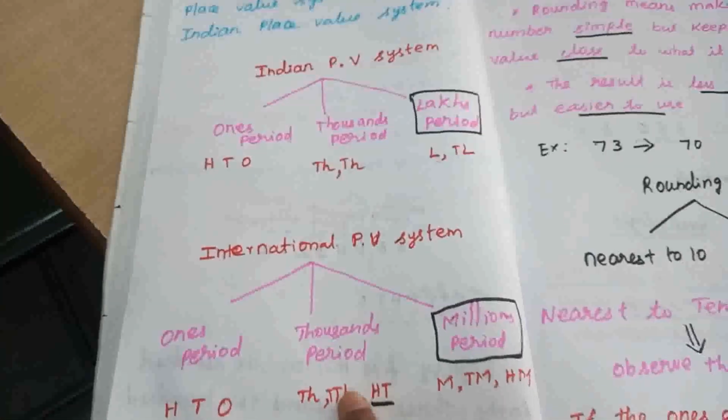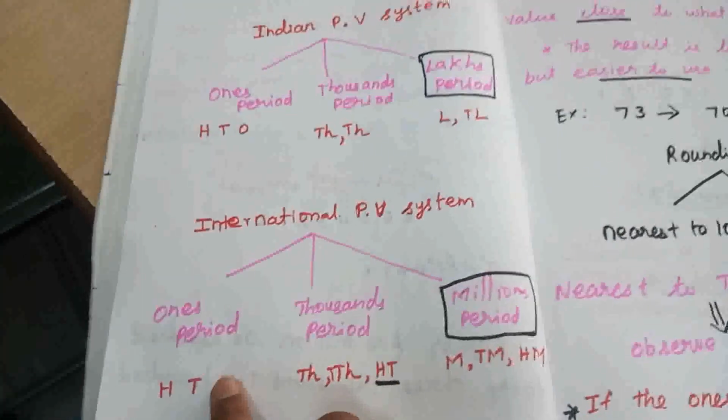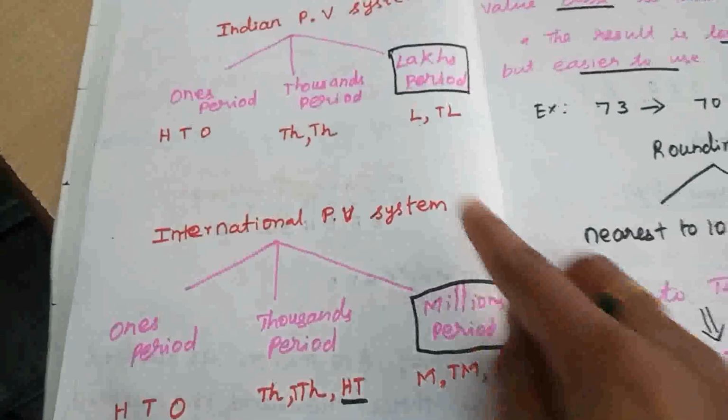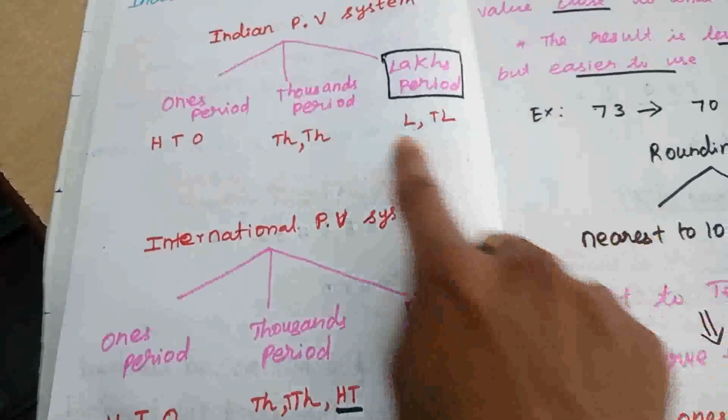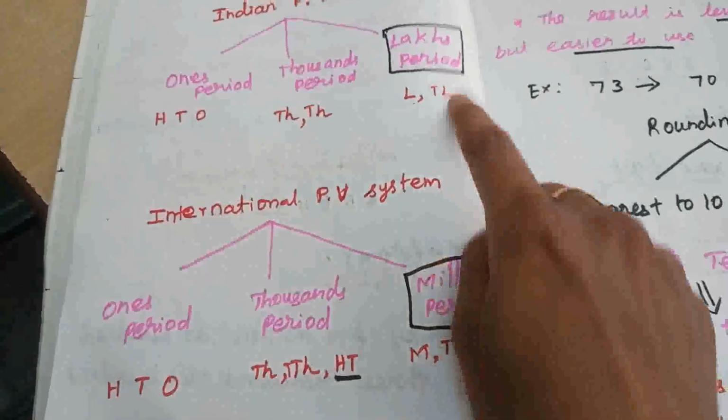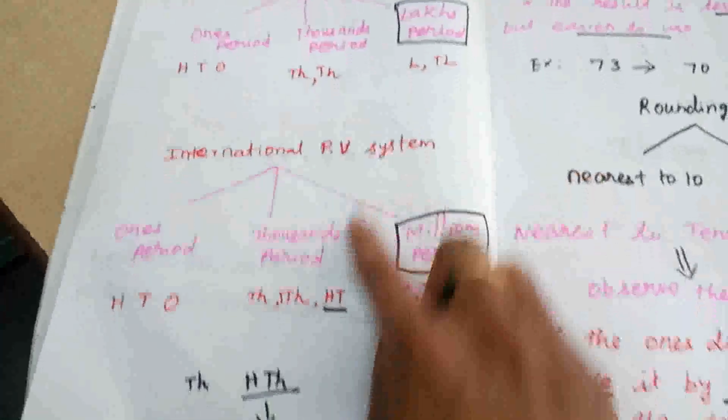Next, the difference between the Indian and international place value systems: ones period, thousands period, lakh period, million period. Where I marked in black, that is the difference between the Indian and the international place value systems.